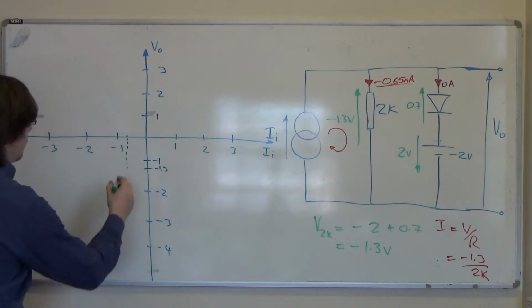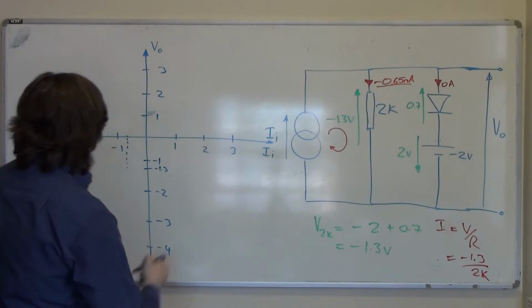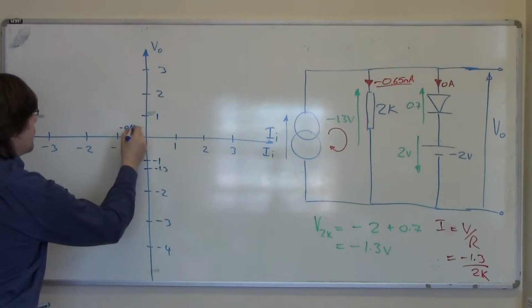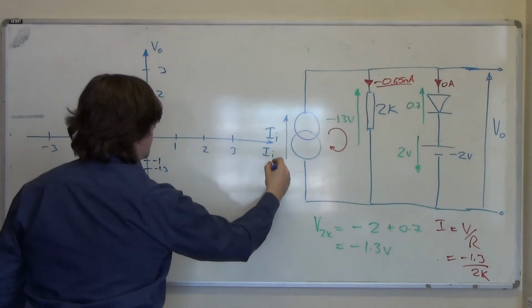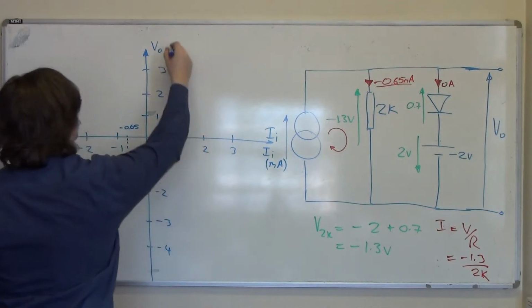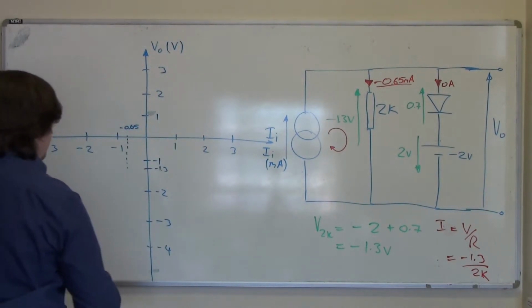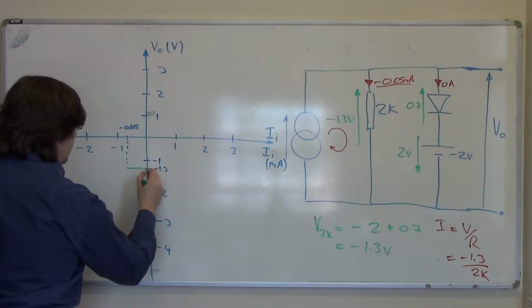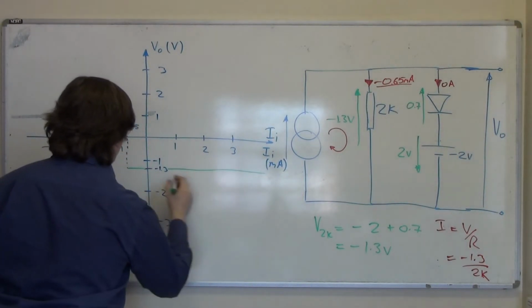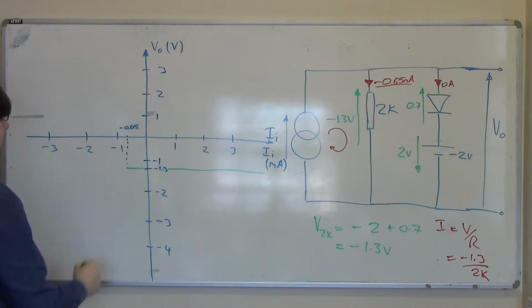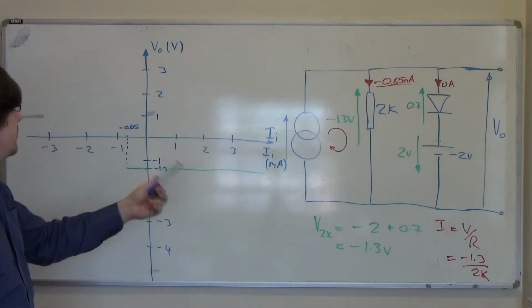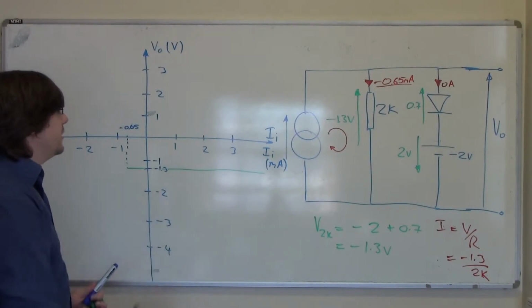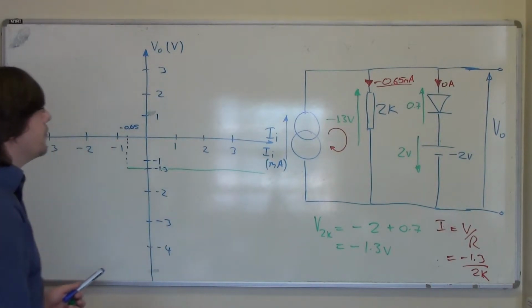I should write minus 0.65 just there, and this is all in milliamps, and this is in volts. So we're going to have a line along here which represents our clamped region, and it starts at minus 0.65 milliamps from II, and the clamp happens at minus 1.3 volts V out.